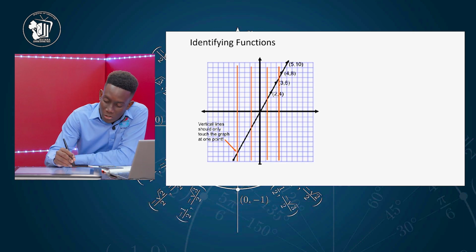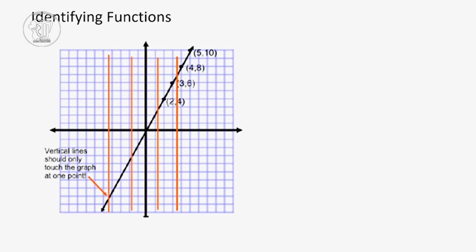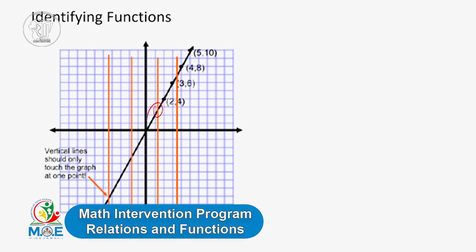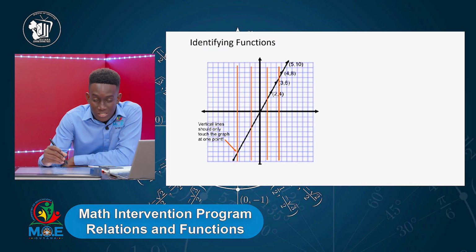For example, we have all these red lines passing through this graph. And as we can see, the red lines only touch one point on the graph. So we can consider this graph to be a function.